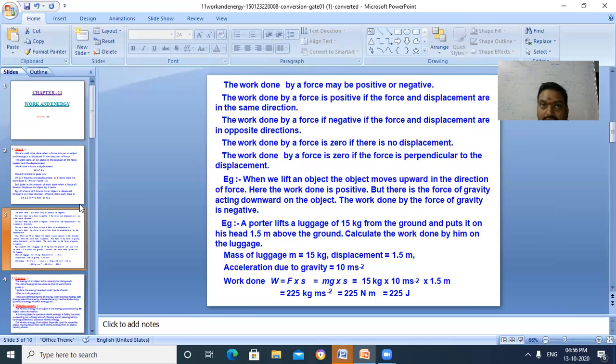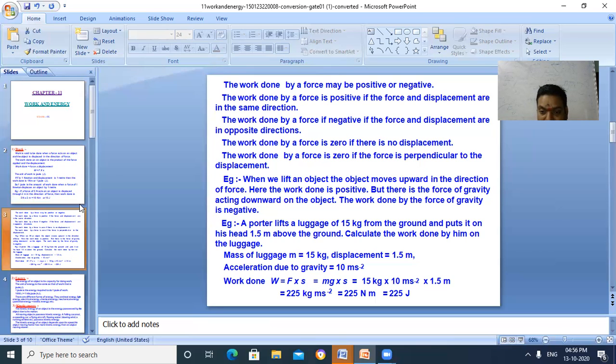Just now I told you Newton into meter is the same as joule, because Newton is equal to m into a, that is kg meter per second square. Force is equal to m into a. Here the force is nothing but the weight, so F is equal to m into g.